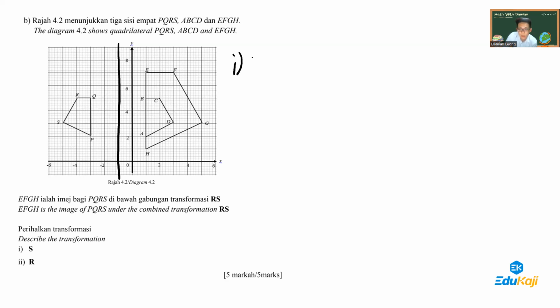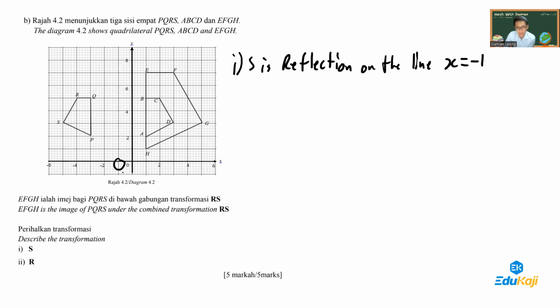So S is reflection on the line x equals -1. Here x value of -1, vertical line, constant x, so x equals -1.